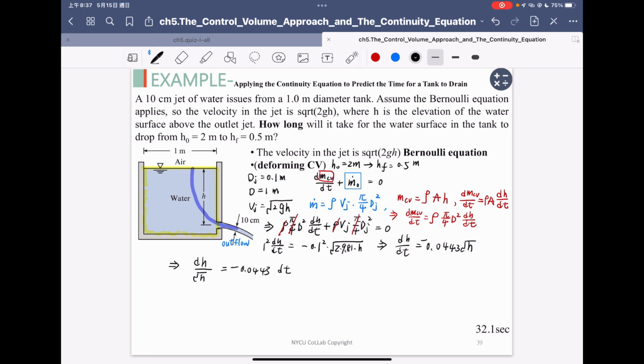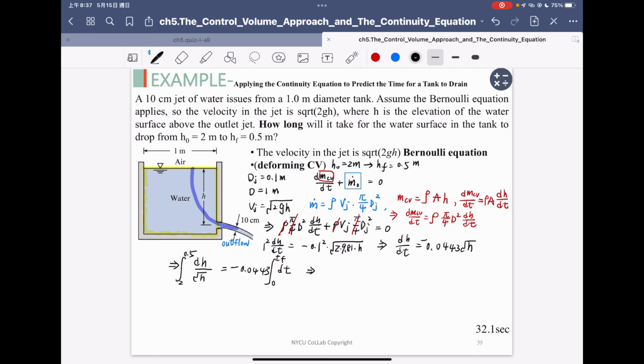Okay, and we do the integration on both sides. The time starts from 0 to tf, and the integration is from 2 meter to 0.5 meter. So we can do the integration.